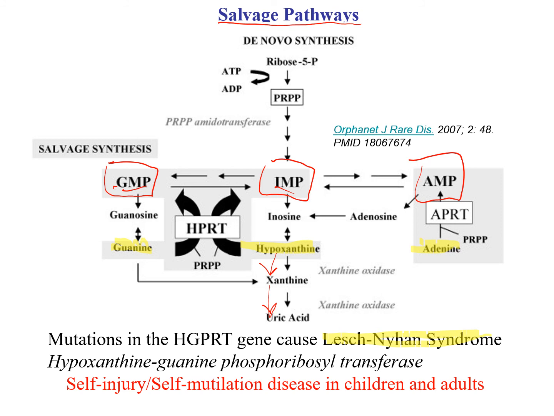Pathology associated with the disease is self-injury and self-harm. So people who lack this gene, HGPRT or APRT, self-mutilate themselves. They bite themselves, they have to be constrained and restrained, they bite their lips, they bite their fingers, they're very violent towards their caregivers. It's a devastating disease which has horrible consequences for quality of life.